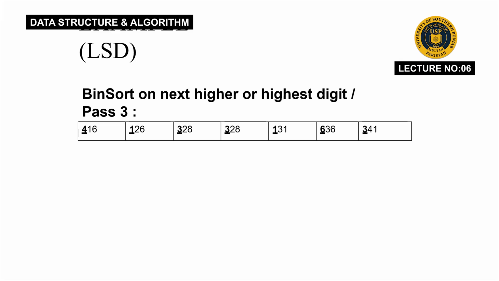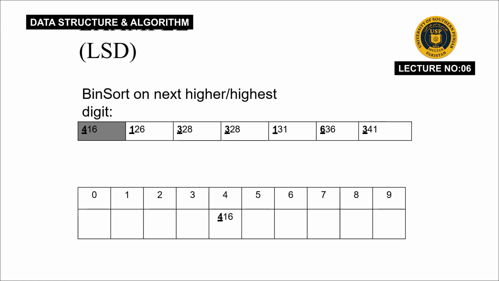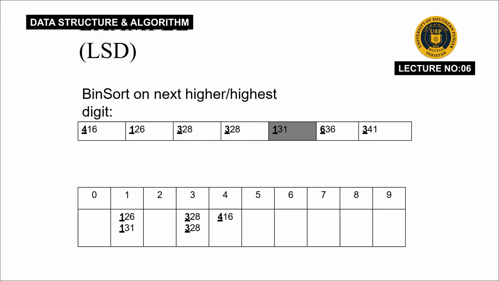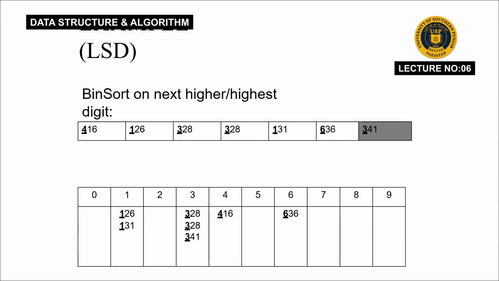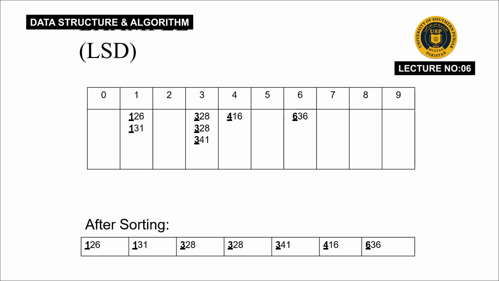We select the leftmost digit and place them in buckets. Finally, we have the sorted output: 126, 131, 328, 328, 341, 416, and 636.